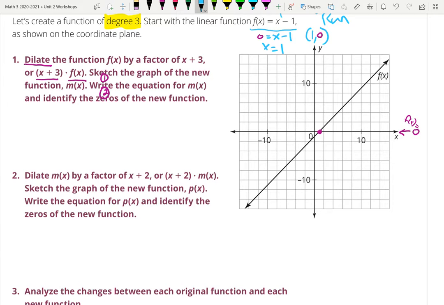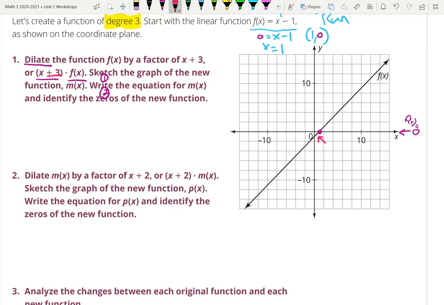So let's go ahead and multiply by x plus 3. We're going to do the same thing as last time, except we're also going to be adding 3. So let's start here at 0. When x is 0, it's equal to negative 1.